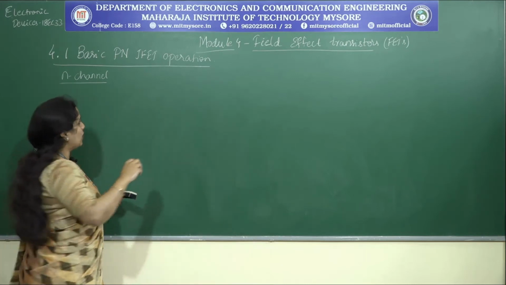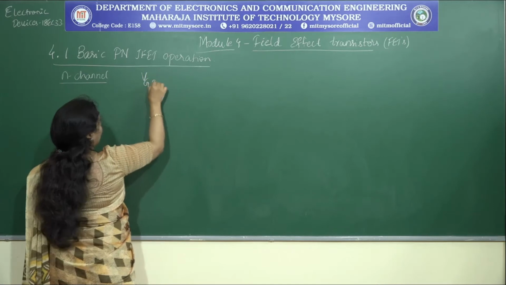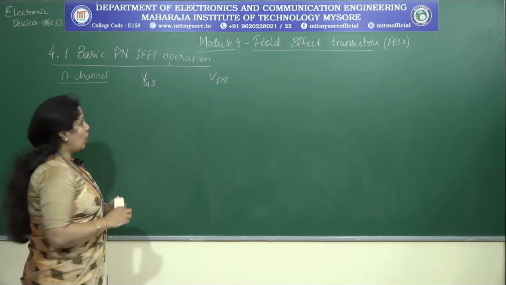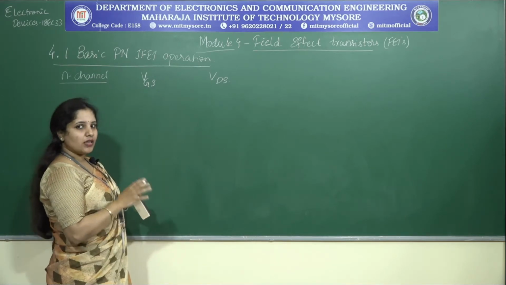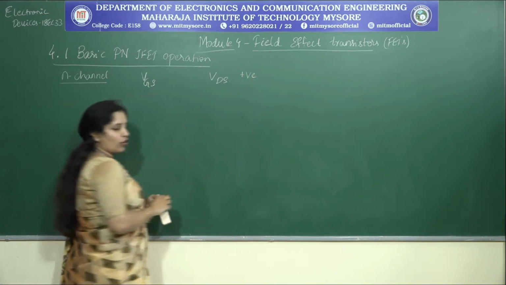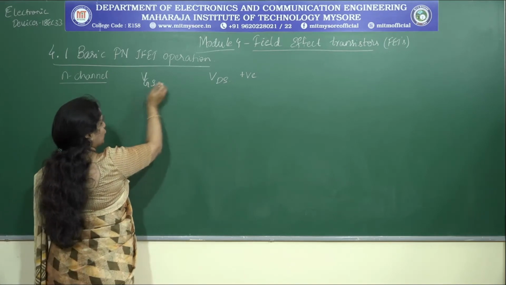What I'll be trying to do here is, we know the two potentials that we have, VGS and VDS, right? First, let me consider a case wherein I provide a certain positive potential as the drain to source voltage, and try to alter the VGS.